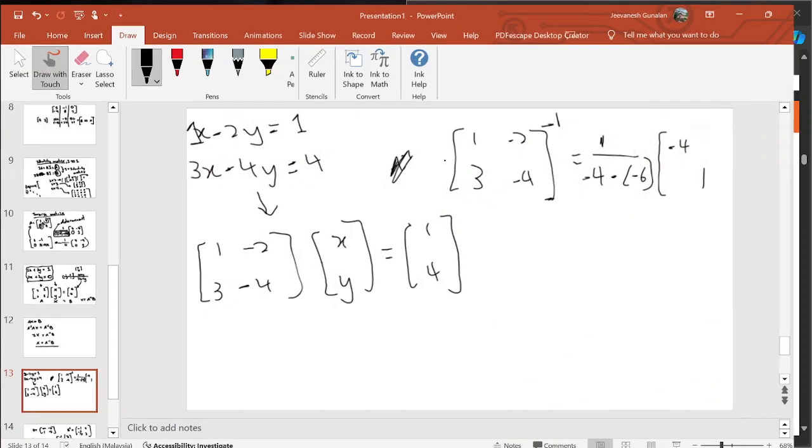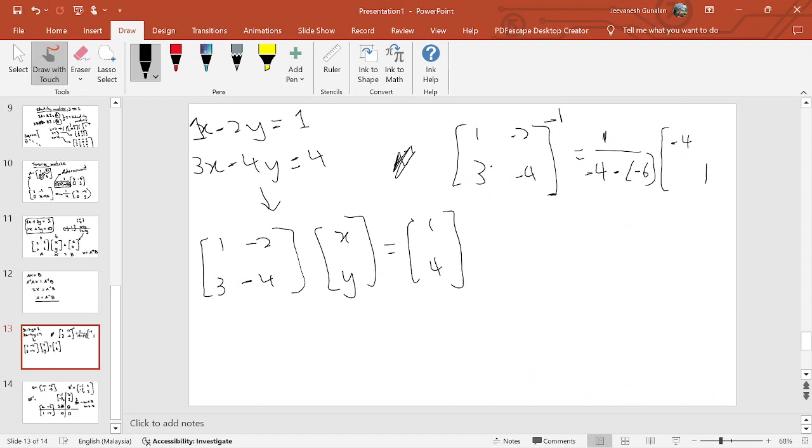Actually, let me make it bigger. Okay, and you change the sign of this and this, so -3 and 2. So now this will become -4 plus 6, so 1 over 2.